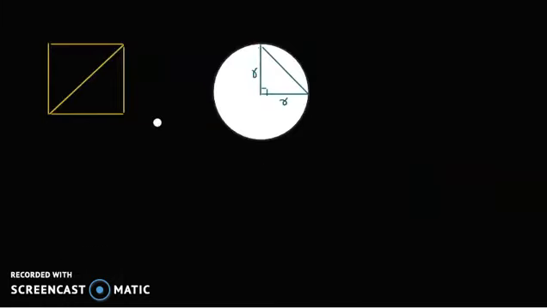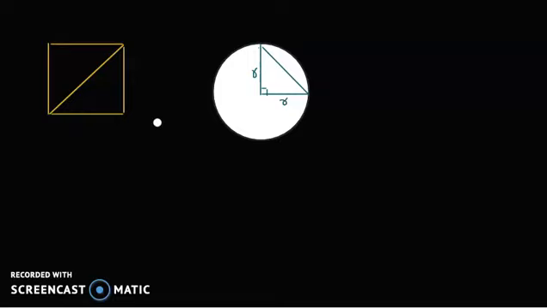The third situation could be where they give you a square and the hypotenuse, the diagonal, is there.